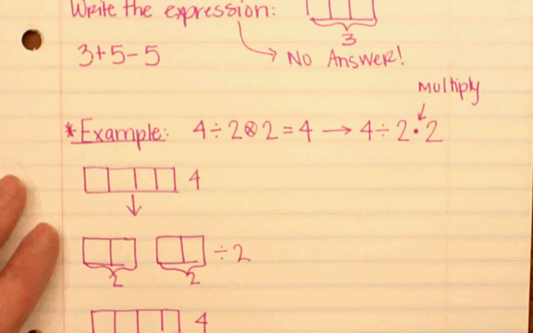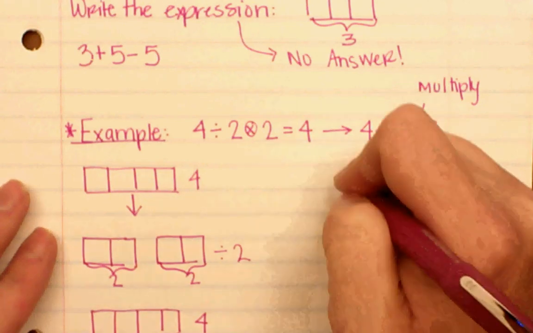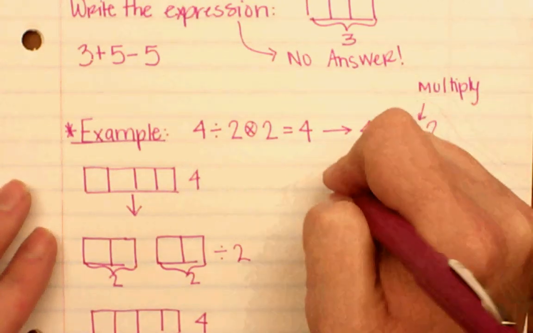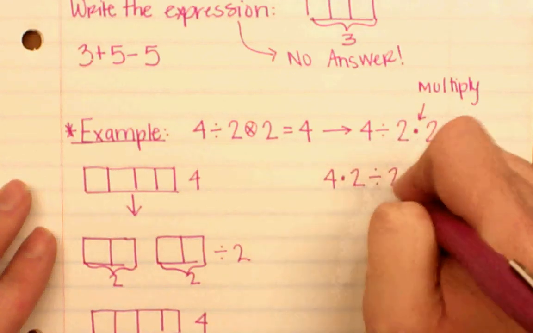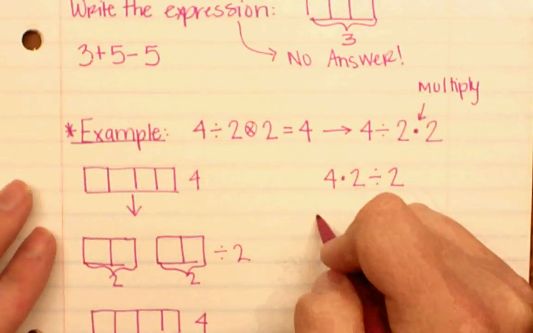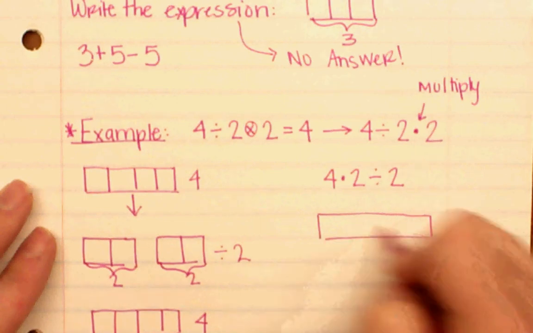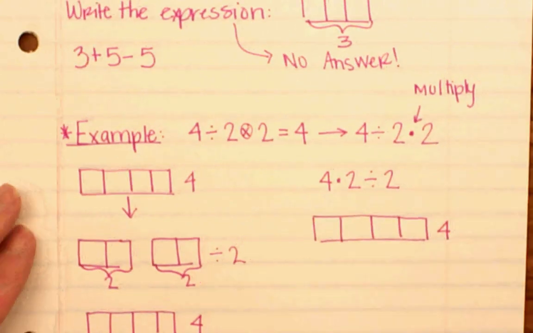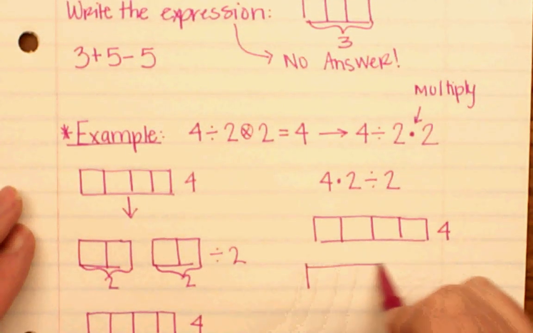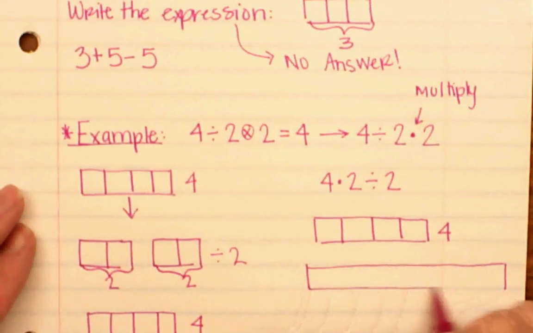Okay? If you had a multiplication problem, 4 times 2 divided by 2, you would start with the 4, times by 2, so you would draw 4 boxes 2 times connected.